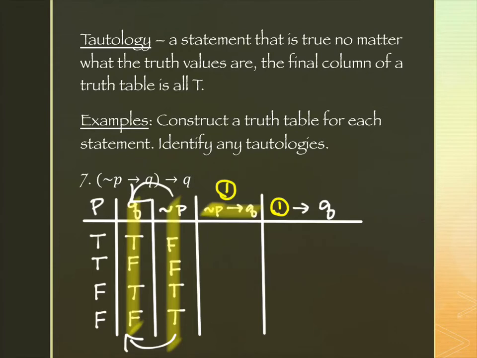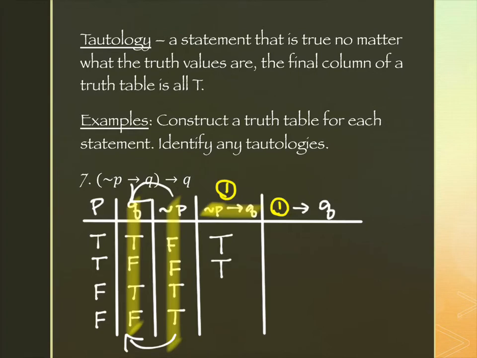This first row in the tilde P column is false. False implies true. Remember? True. Anytime the statement starts out false in an implication, it's a true statement, which means my second row has the same feature. False in the tilde P column, and this one's false in the Q column, and that statement would also be true.